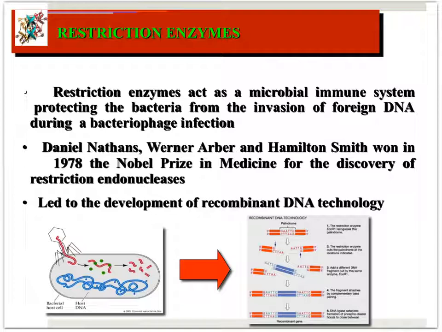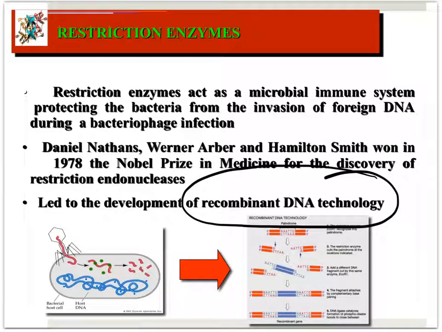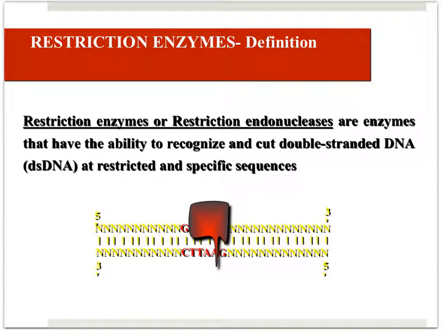This really revolutionized molecular technologies, with the ability for recombinant DNA technology, particularly cloning of specific genes. The use of restriction enzymes is really a key tool for cloning and other recombinant DNA purposes.